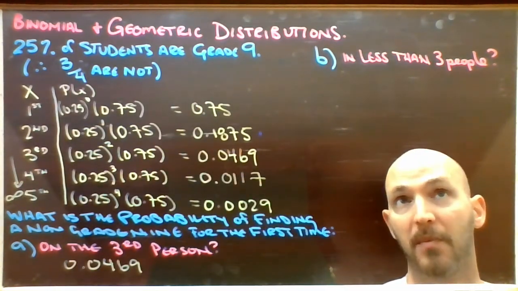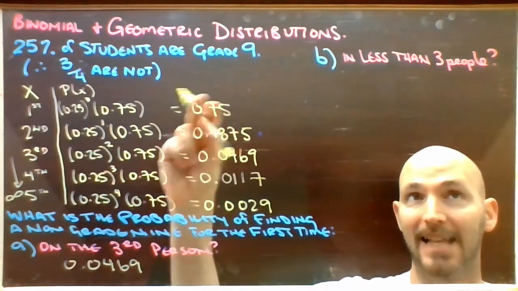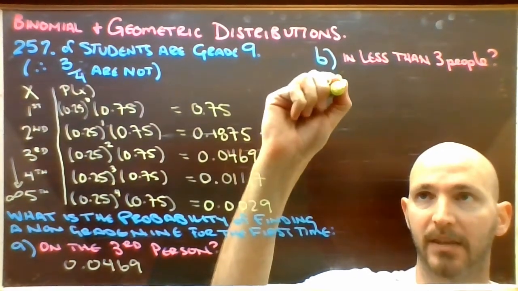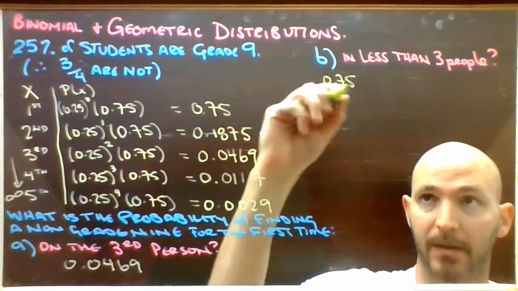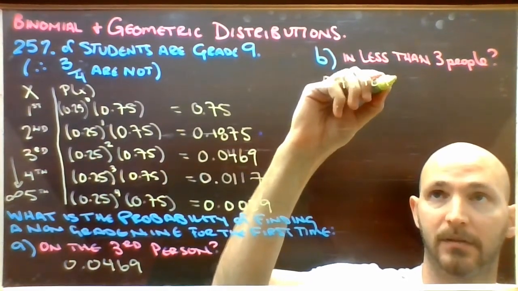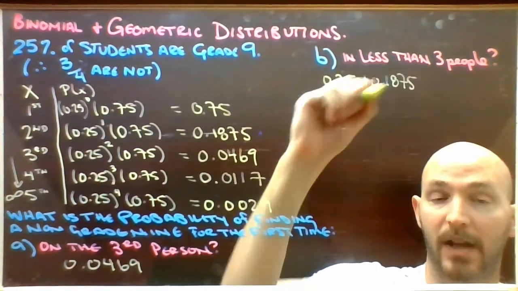So the probability of finding someone in less than 3 would be 0.75 that you find them on the first try, or 0.1875 that you find them in the second try.